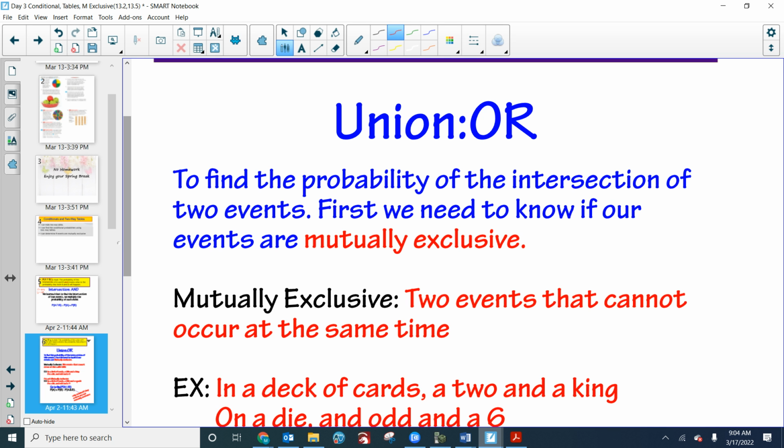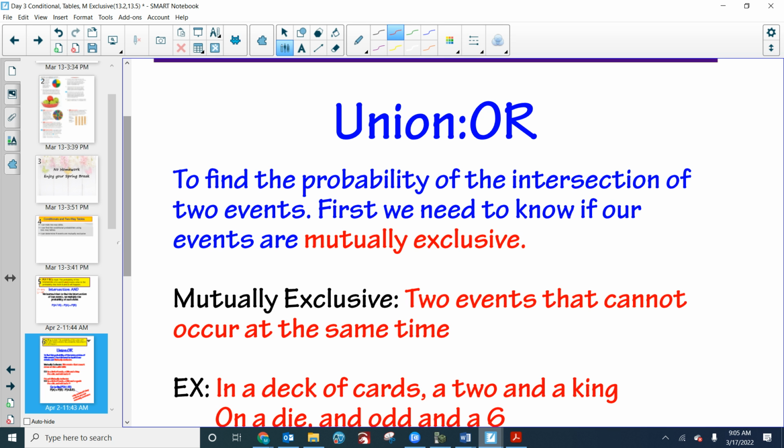What if I say, what's the probability that I roll a 3 or flip a head? Are those mutually exclusive events? Is there any overlap? No, those are mutually exclusive events.